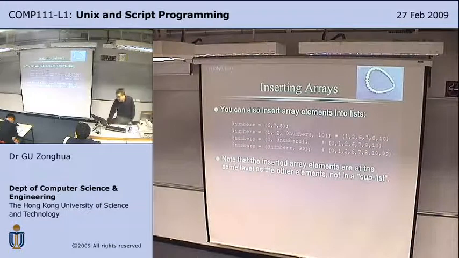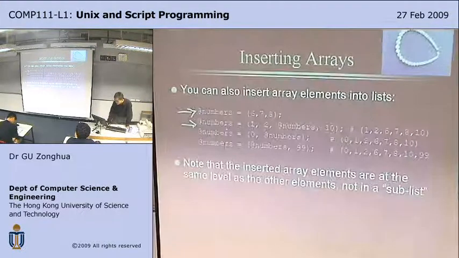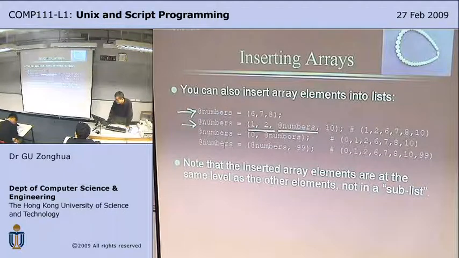You can insert array elements into lists, so you have an array of 6, 7, 8, and you can assign numbers, insert it into 1, 2, and 10. So insert 6, 7, 8 into 1, 2, and 10 to get 1, 2, 6, 7, 8, 10.